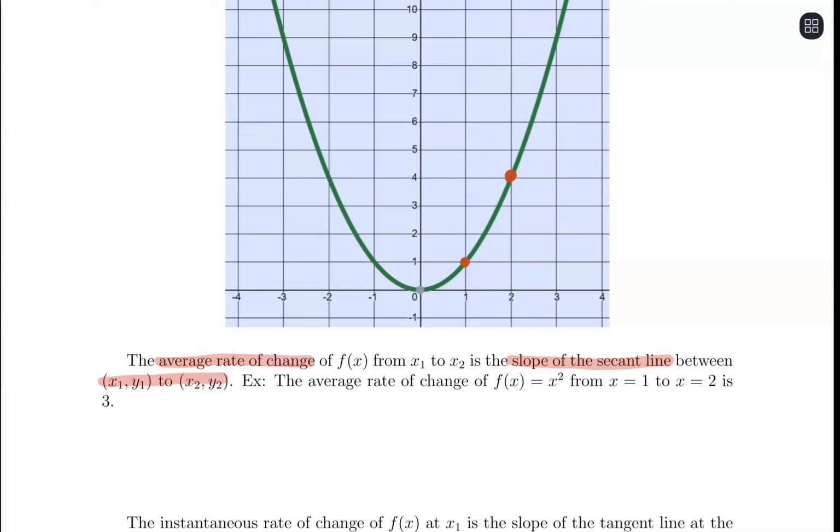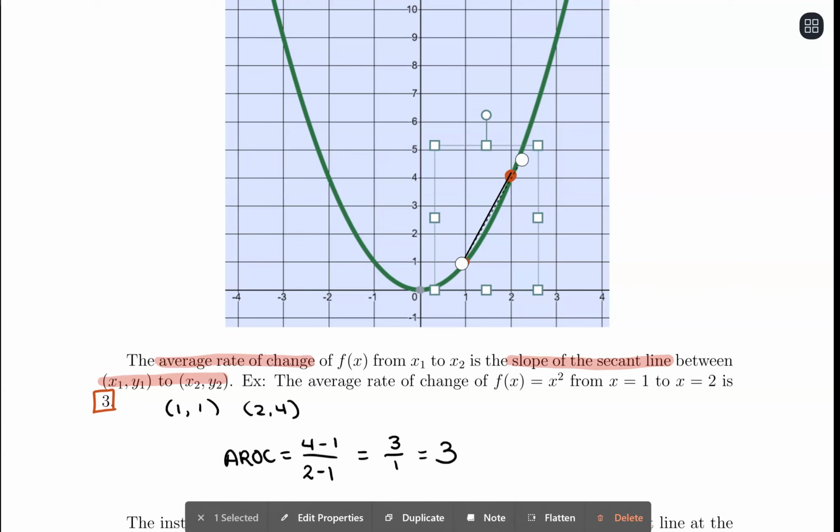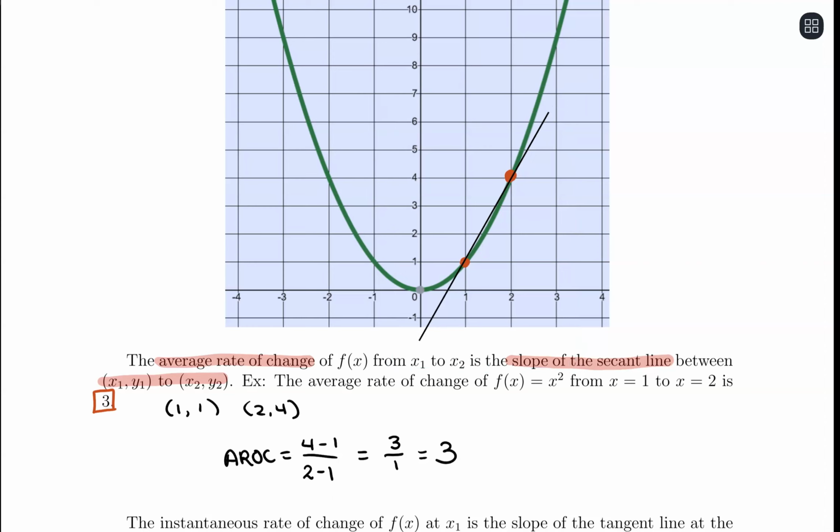The slope between those two points is 3. We can check that using (1, 1) and (2, 4): the difference in y values, 4 minus 1, over the difference in x values, 2 minus 1, so that's 3 over 1, which is positive 3. Visually, that secant line goes through those two coordinates, and we can see it has a slope of positive 3.